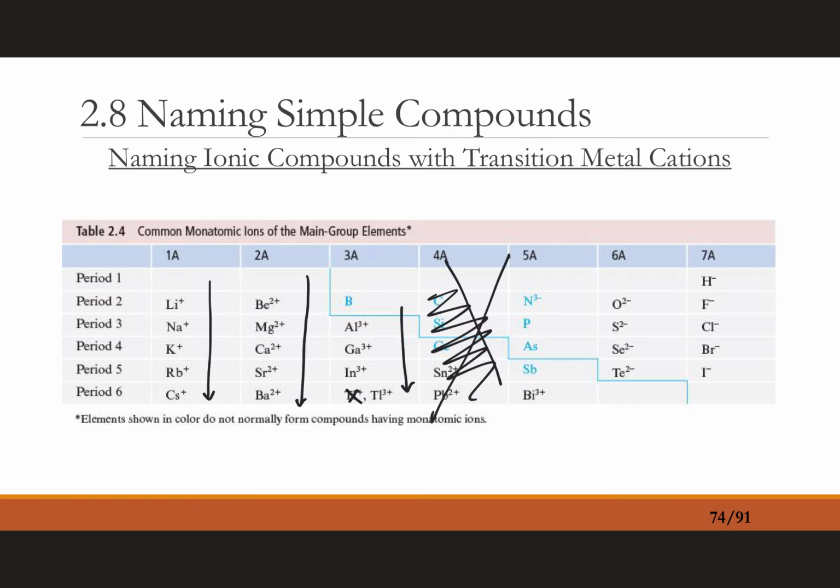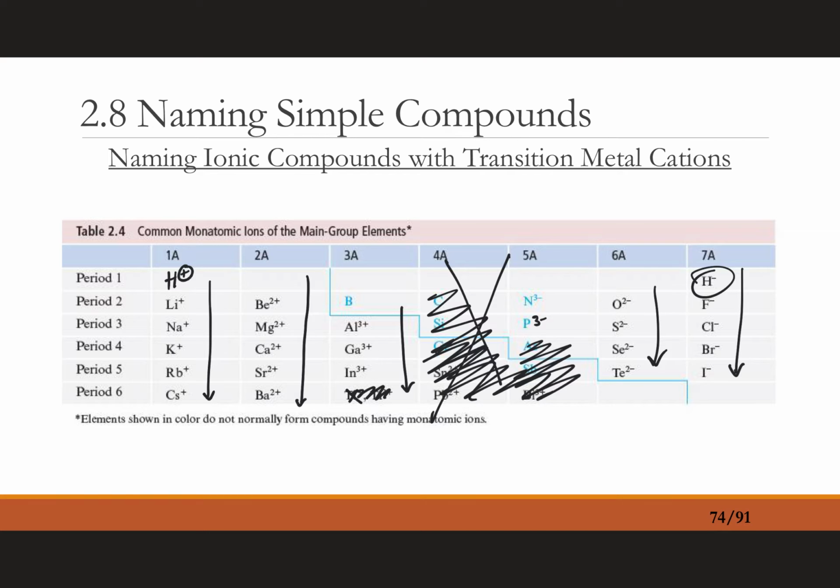And then group 5A, really we'd see the same thing. We're going to start ignoring these because they become metals down there. And then group 6A, 2 minuses and 1 minuses. For those, you see hydrogen is actually listed there as H-, but hydrogen also is sometimes listed as an H+.